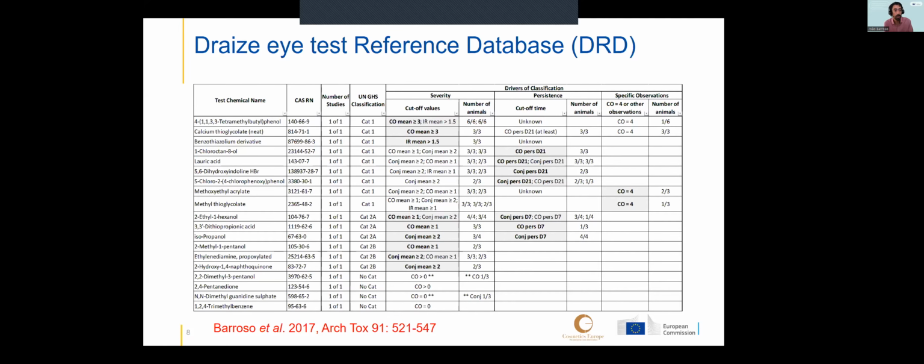We also looked at multiple studies for the same chemical and tried to inform the community on which chemicals should not be included in validation studies due to high uncertainty.